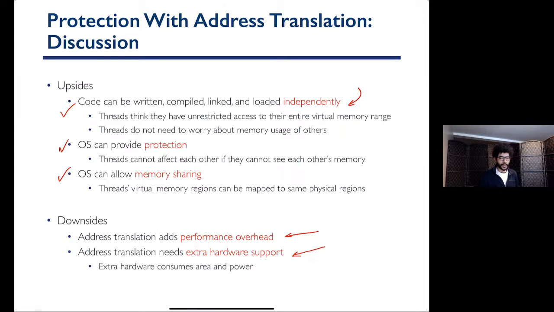Now, just to point out, address translation is usually common in general purpose operating systems, and using physical memory directly, basically not having virtual memory, is very common in embedded systems.